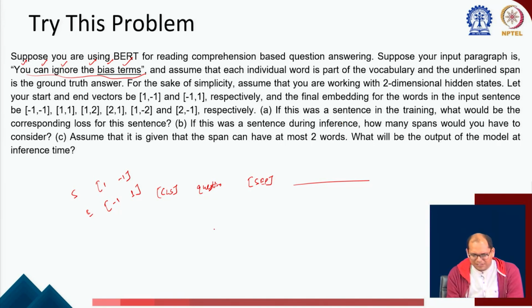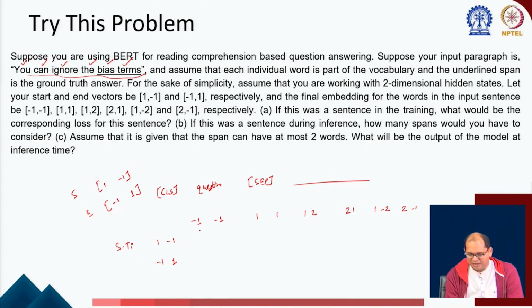So you have the 6 embeddings: minus 1 minus 1, 1 1, 1 2, 2 1, 1 minus 2, 2 minus 1. You have the start vector and end vector. What you do is compute the score s dot t_i.